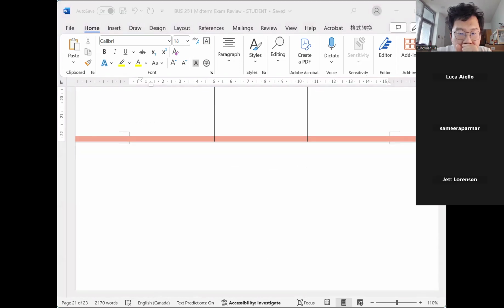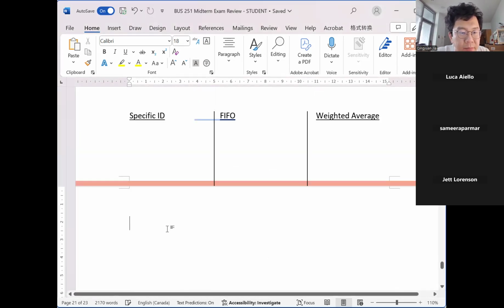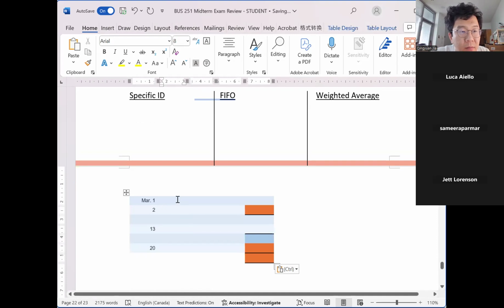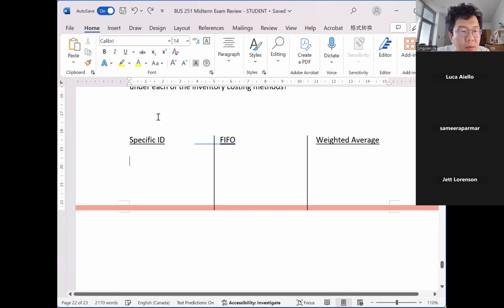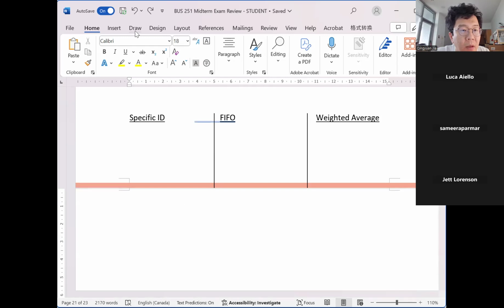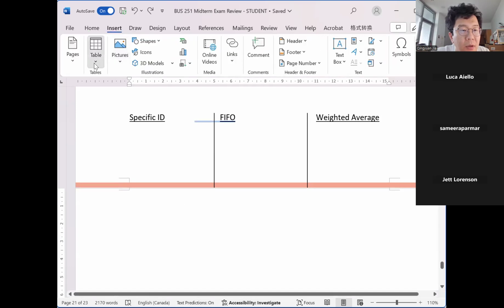We will do it like this. Insert a table.